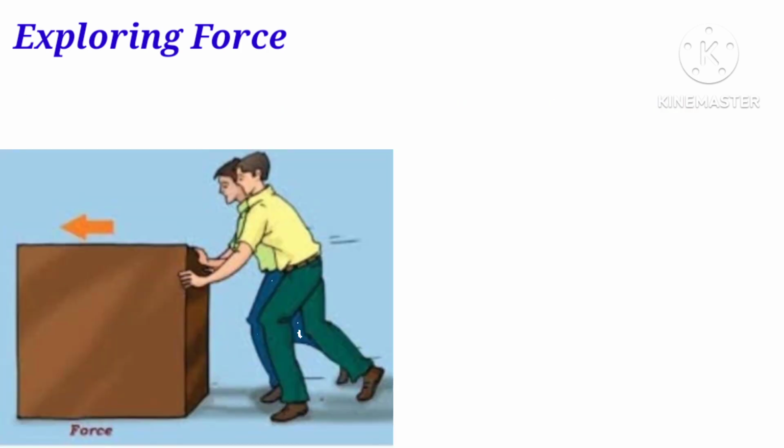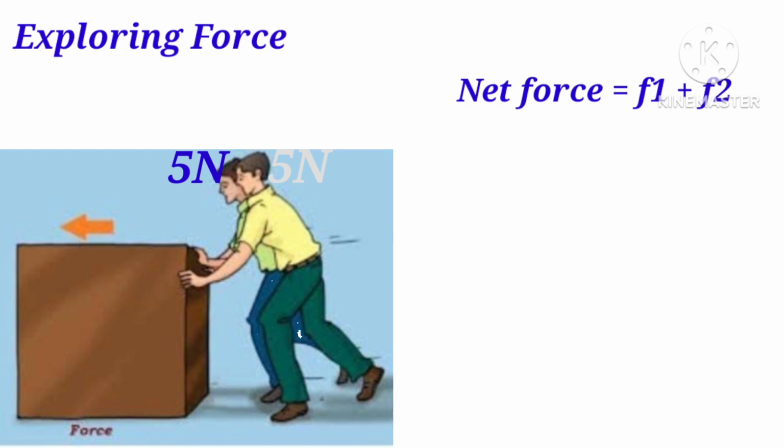If two persons are applying the force on a heavy box, and the force applied by the first person is 5 Newton and the other person is also 5 Newton, then in that case the forces applied by these two people in the same direction will be added. So 5 Newton plus 5 Newton is equal to 10 Newton. So the total force of 10 Newton is applied on that object.